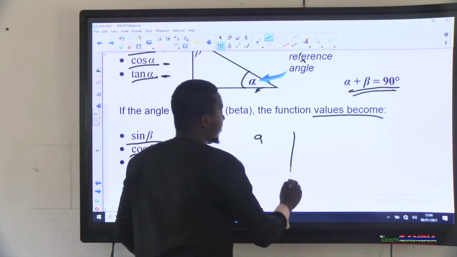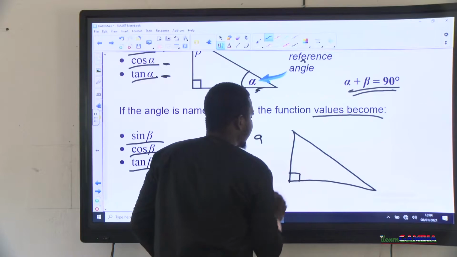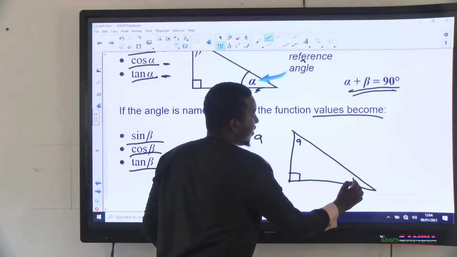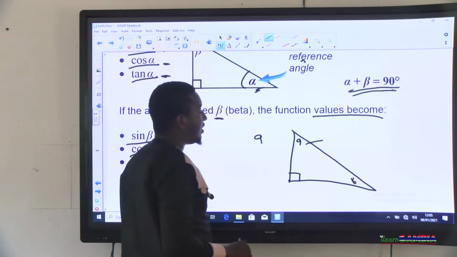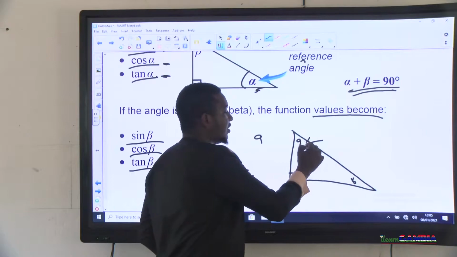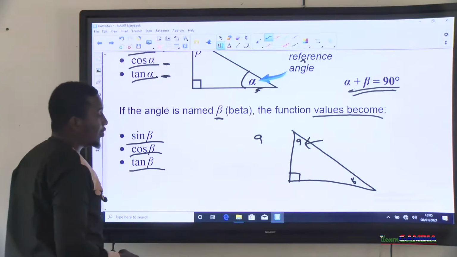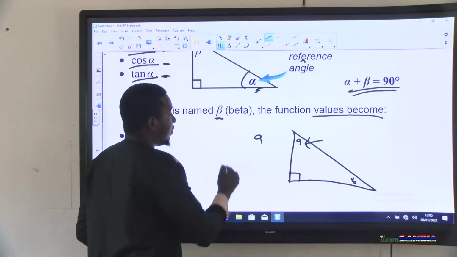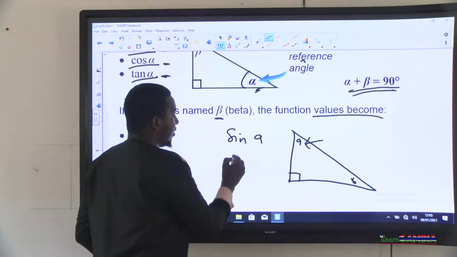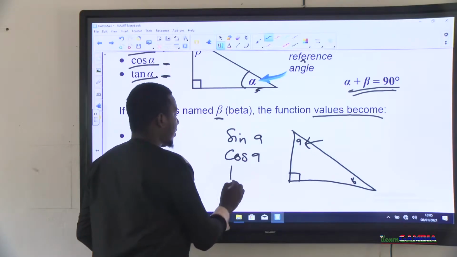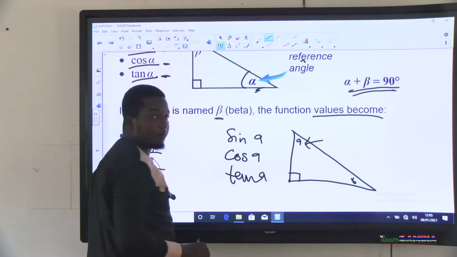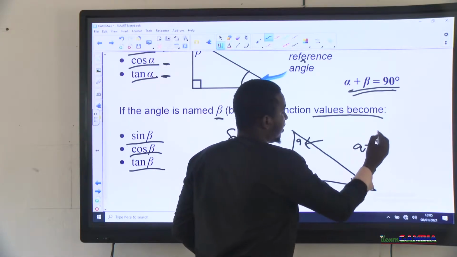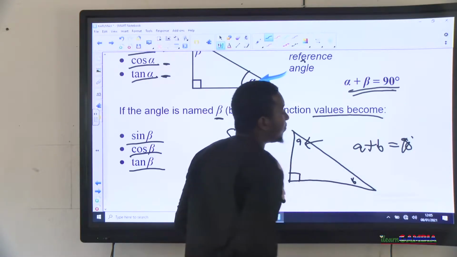If you have a triangle and that's 90 degrees, here we have A and there we have B, and our reference angle is angle A. We are concentrating on angle A as our reference angle. So in this case, the trigonometric functions will be sine A, cos A, and tan A. So in this case, A plus B is going to give us 90 degrees.